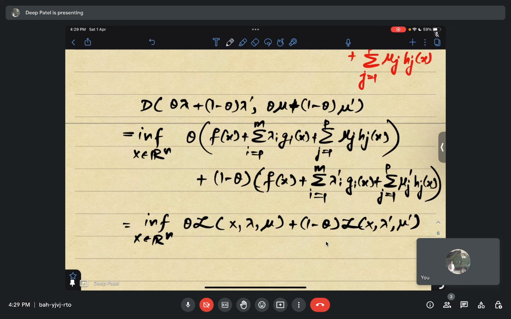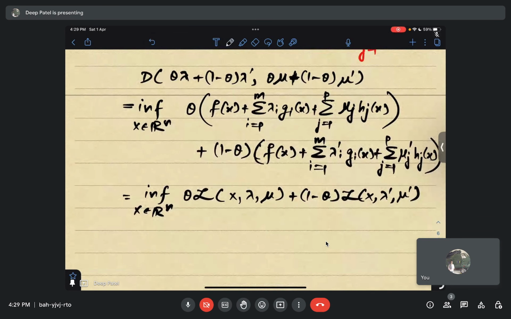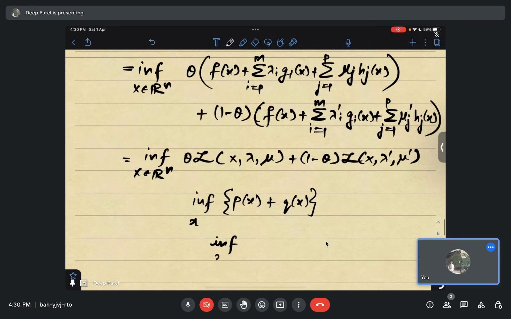Theta is less than 1 minus theta plus. So what we are really having is the infimum of P of x plus Q of x over x. How do we relate it to infimum plus infimum? Yeah, that's the crucial point.